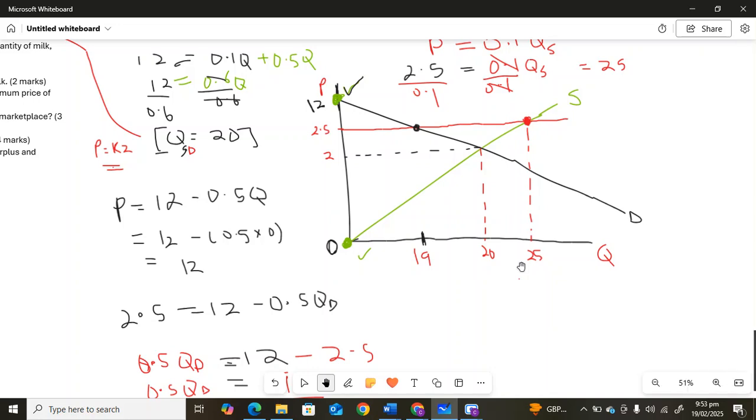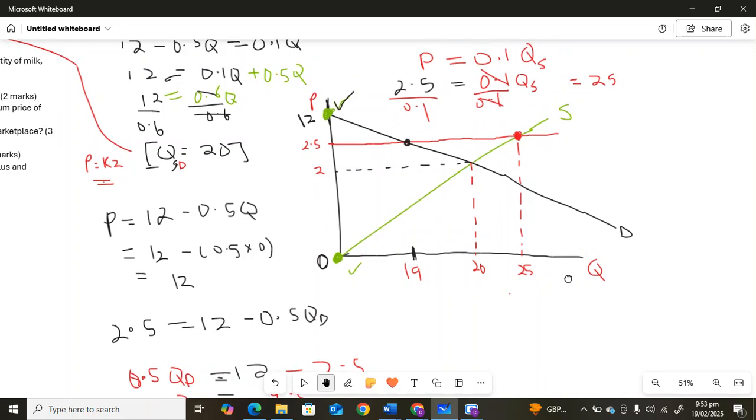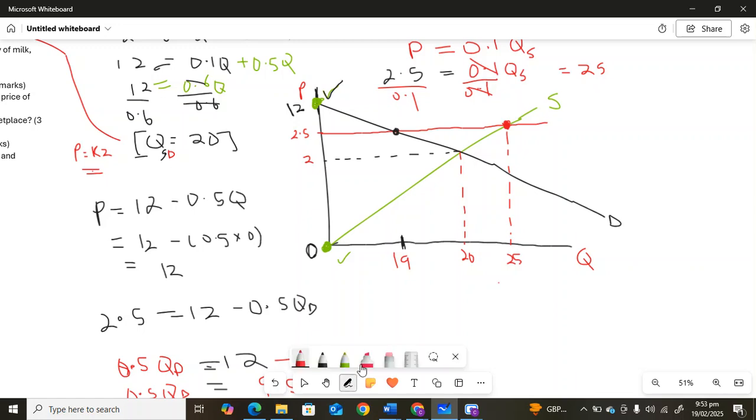But they want us to tabulate the change in the consumer surplus and the change in the producer surplus. So we get the consumer surplus, which is the benefit to the consumers before the price floor, and the producer surplus, which is the benefit to the sellers before the price floor. So this triangle, we go back to maths, actually this is grade 8 maths.